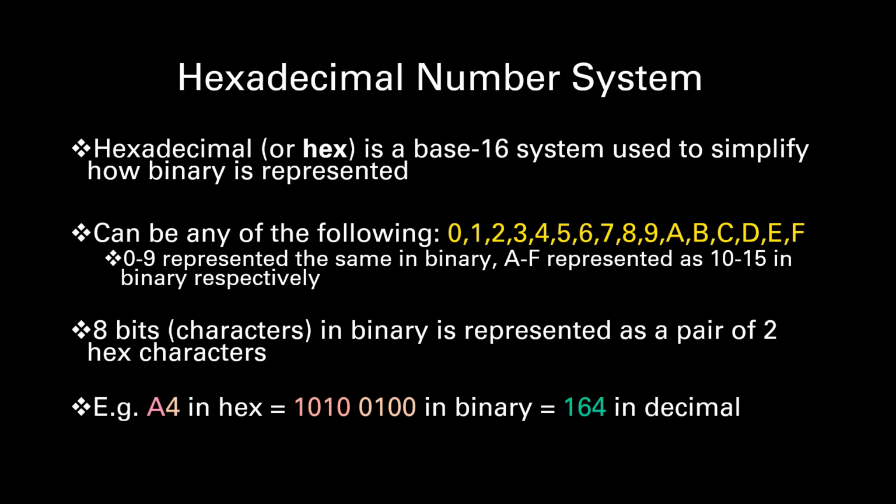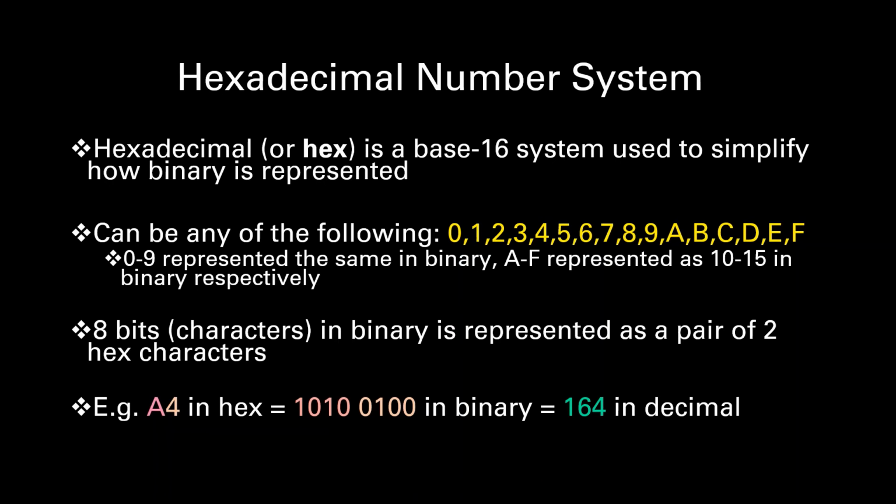If you need some help working out how this calculation works from normal decimal to binary, go through the binary part of this lesson, the base 2 number system part. We go through an example in that section. So what you're doing here is taking the value from the hex character and converting it into binary.